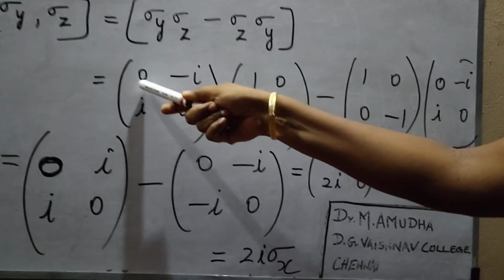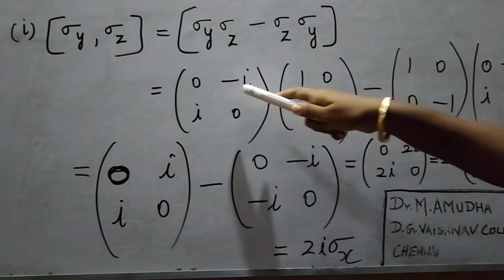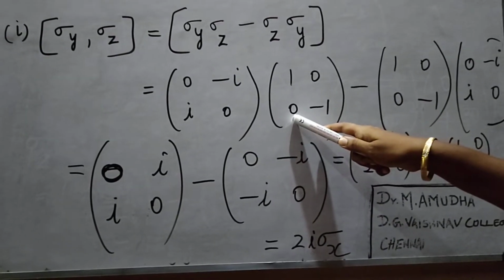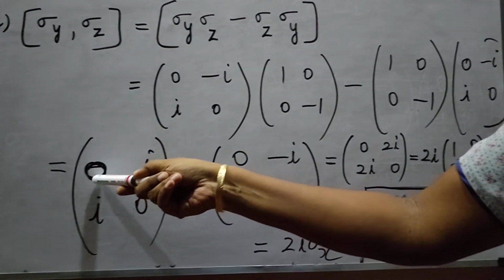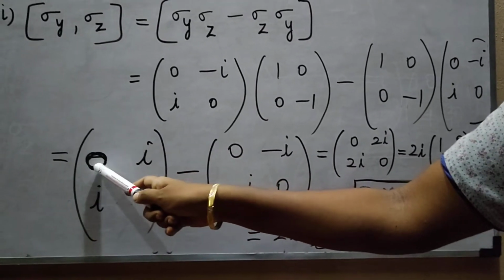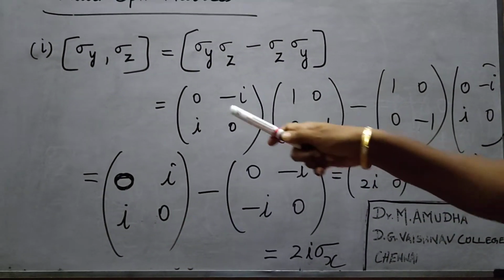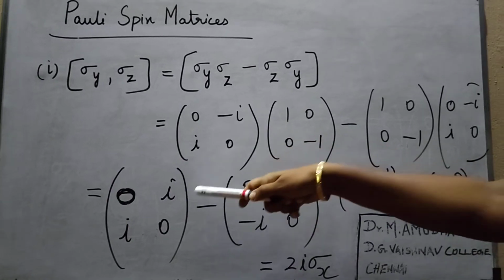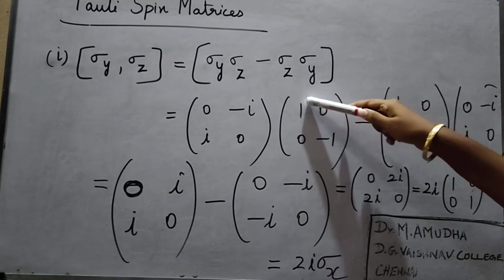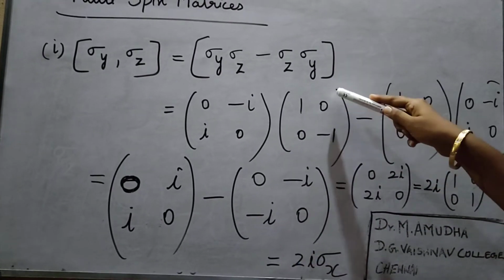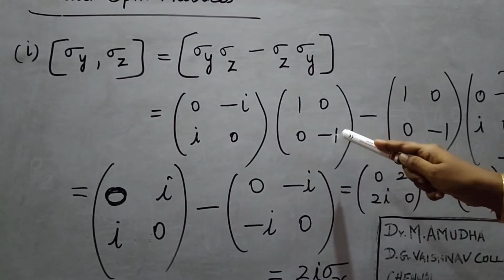The solution that is obtained by matrix multiplication. As before, row into column. So, 0 into 1, that is 0. Minus i into 0, that is also 0. When you add these two zeros, you get the solution as 0. Put it in this position. Coming to the second element, row into column, 0 into 0, minus i into minus 1, that is plus i.